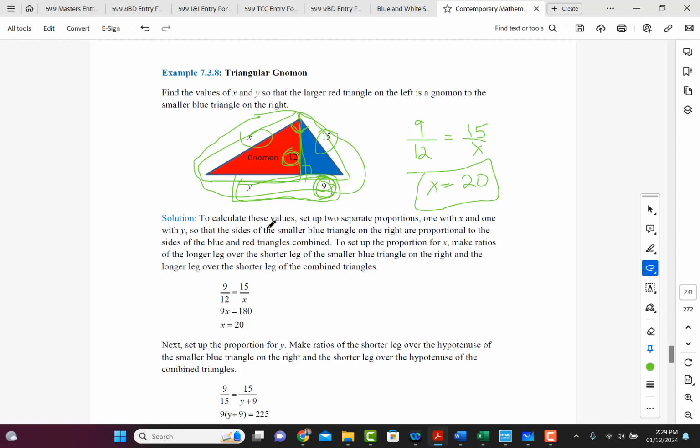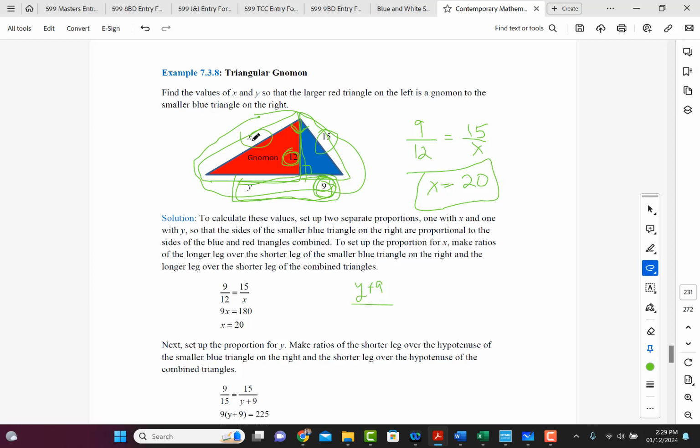We're looking at the big combined triangle. So in this case we want to take y plus 9, and we want the ratio of that with something else on the big triangle.